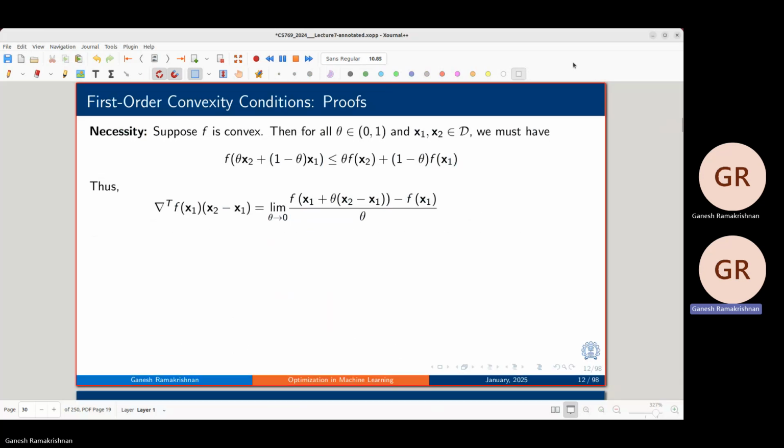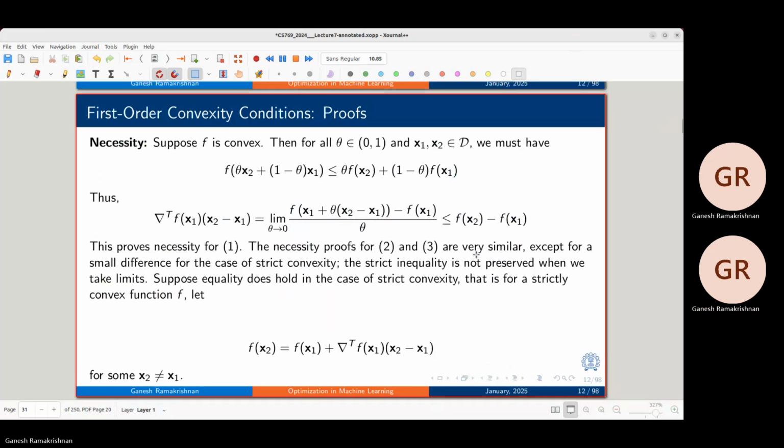I have taken this to be f of the convex combination minus f of x1. And what do I know about this? I know that this is less than or equal to f of x2 minus f of x1.